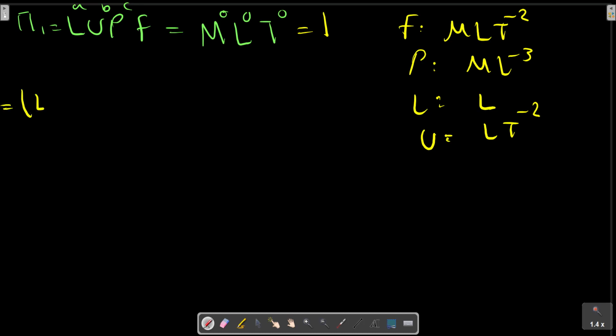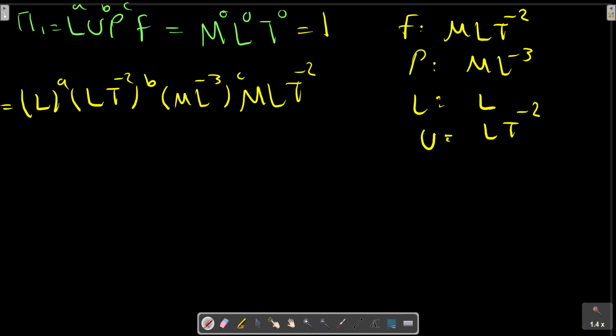L multiplied by U, LT minus 1, multiplied by rho, ML minus 3, multiplied by the force, so we have this relation.